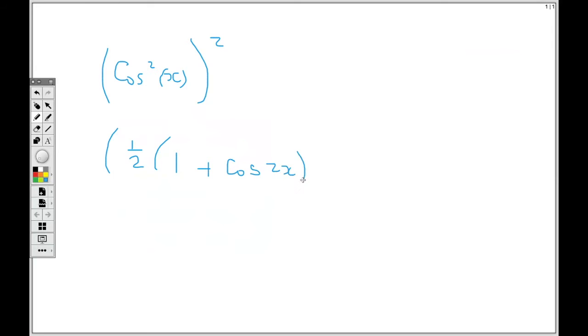But because it's squared, it means you're multiplying it twice. So we're squaring all of this. So the half, if I square the half, I will have a quarter. So squaring half, we have a quarter. Then we have 1 plus cos 2x all squared.